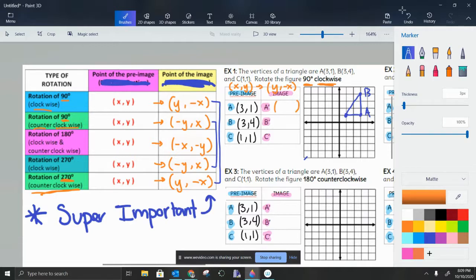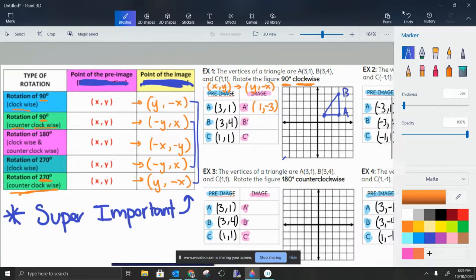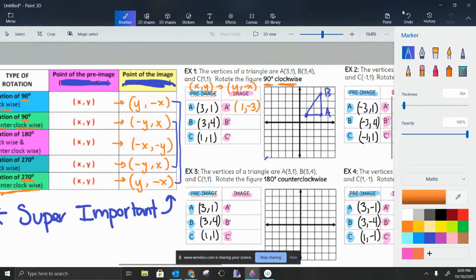So (3, 1) becomes (1, 3). And then I'm going to change the sign of the second number. Now, when I plot this, I'm still plotting it in the same way I always do. The first number is x, the second number is y. Even though my rule says (y, x), I still plot it normally.